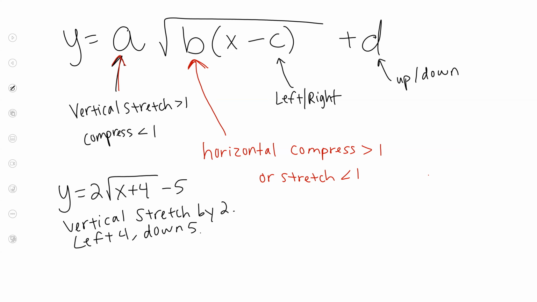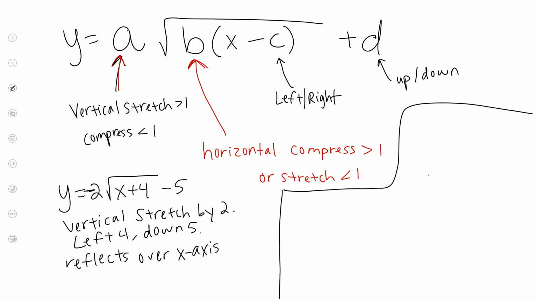If I put a negative in the front, what else does it do? Yes, it reflects over the x-axis, so I'm going to write that as well. Reflects over the x-axis. Now, let me show you what we're doing now that's new. This is a new example. Let's say I have y equals, the number is now inside, x plus 4 minus 5.